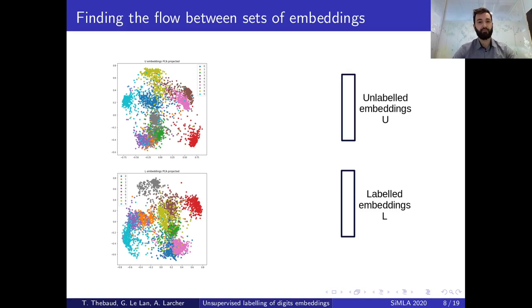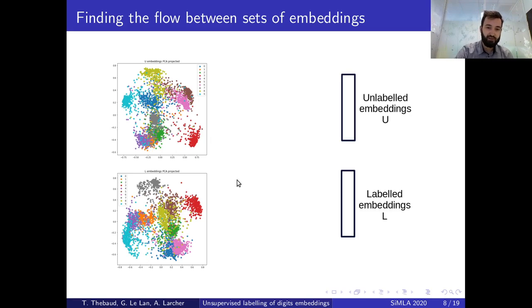In the upper part, the unlabeled embeddings are represented, projected into a two-dimensional space using principal component analysis, and the different colors of those embeddings are for every number. For example, here the red embeddings are the 3, and the yellow ones are the 8.